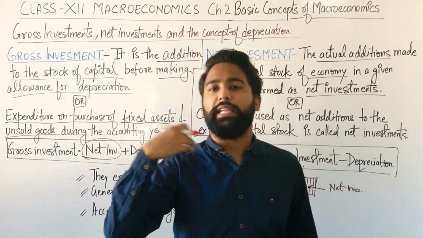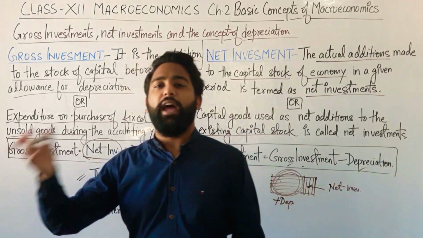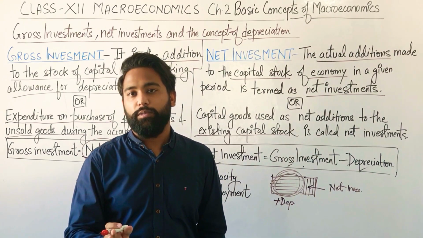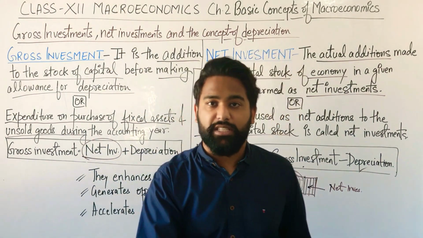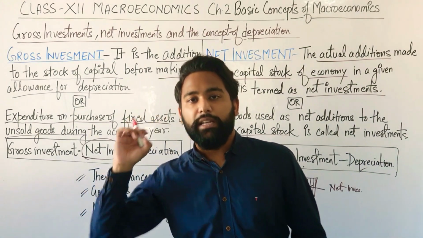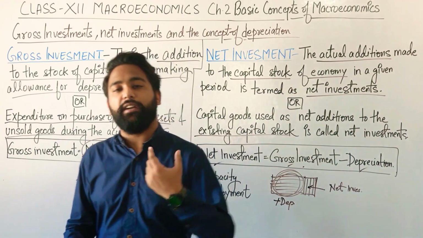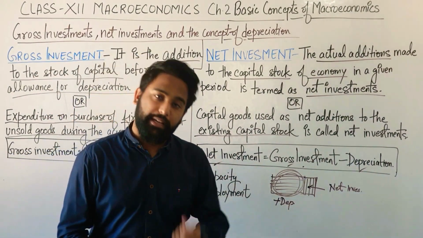Then when you sell that phone to some other person, to your friend, to anyone at 4,000, then 4,000 will be its net value. Gross value is the price at which you purchase and the net value is the value after deducting the depreciation, whatever value is remaining.